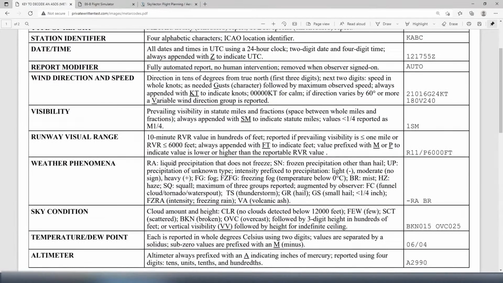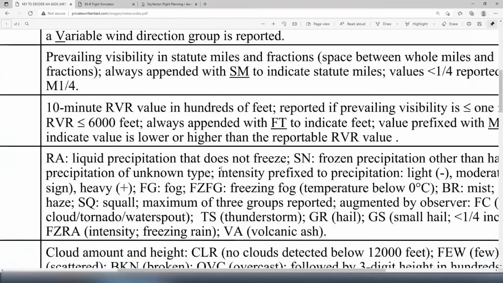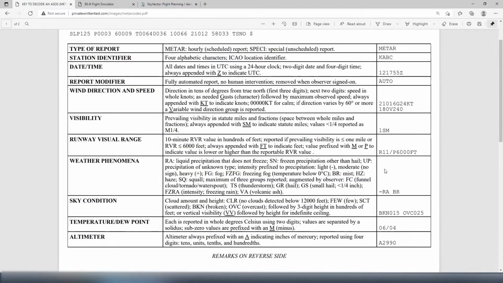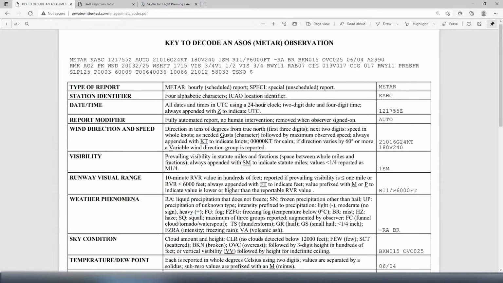And then what you're going to notice is that in some of these sections, like here, you have some of the most common abbreviations: RA for rain, SN for snow, FG for fog. And it's always presented in the same order. So when you guys are going through this, I would encourage you to have this out.